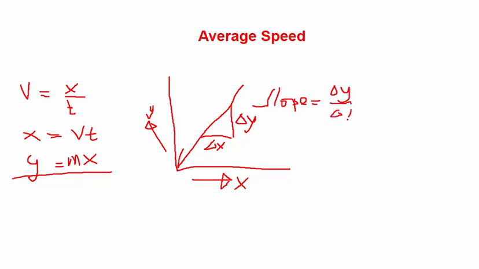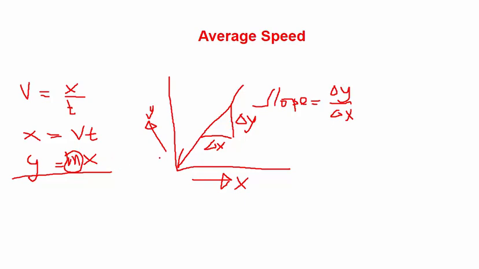Now, in the equation y equals mx, m is the slope. So what does slope stand for? Slope is a measure of the rate of change of y with respect to x, delta y divided by delta x.